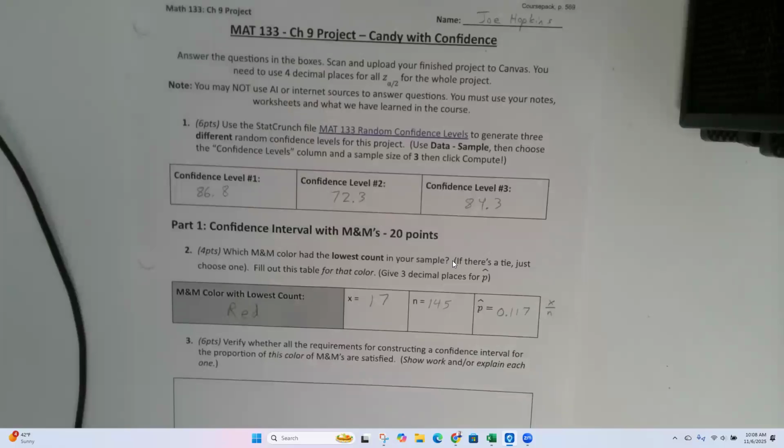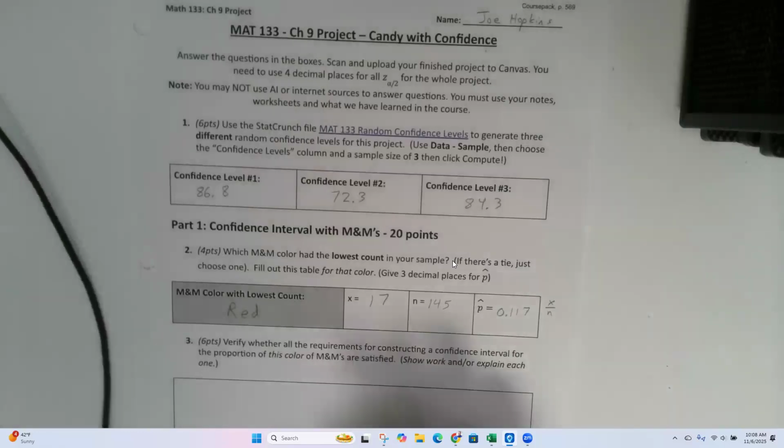To build a confidence interval, we have to verify that we are satisfying the requirements of the central limit theorem for proportions. We talked about the central limit theorem in chapter 8, but there were three parts to it.